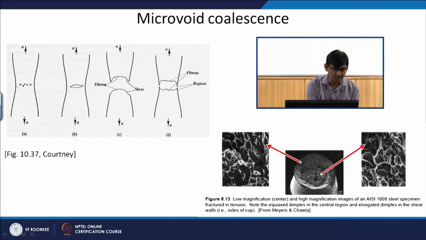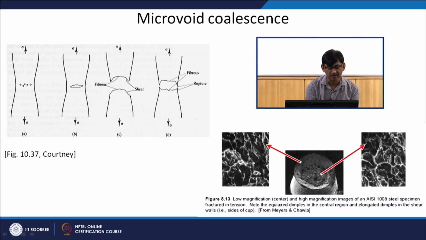So first voids will form, small voids, micro voids, then they will connect with each other, and you will get a region within the material which is now already separated. The remaining material on the outside is still there, and that will fail in a shear mode.